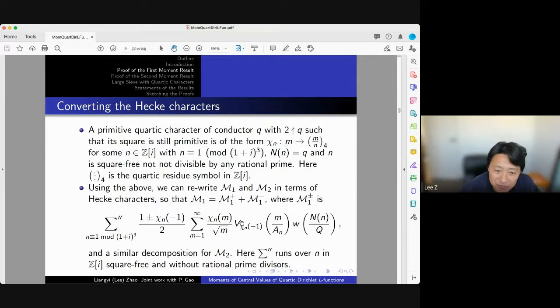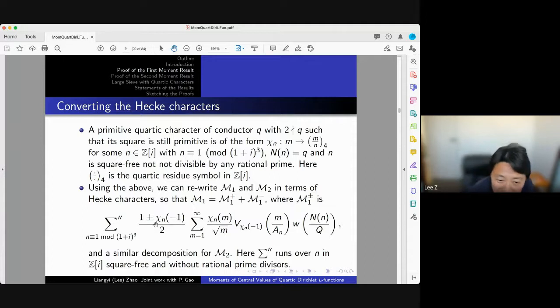If you take a look at this, chi_n of -1, well, because chi is a character, or a homomorphism if you want to restrict yourself to quotient rings, this chi_n of -1 is either 1 or -1. If chi_n(-1) is 1, then that's an even character. If it's -1, then it's an odd character.